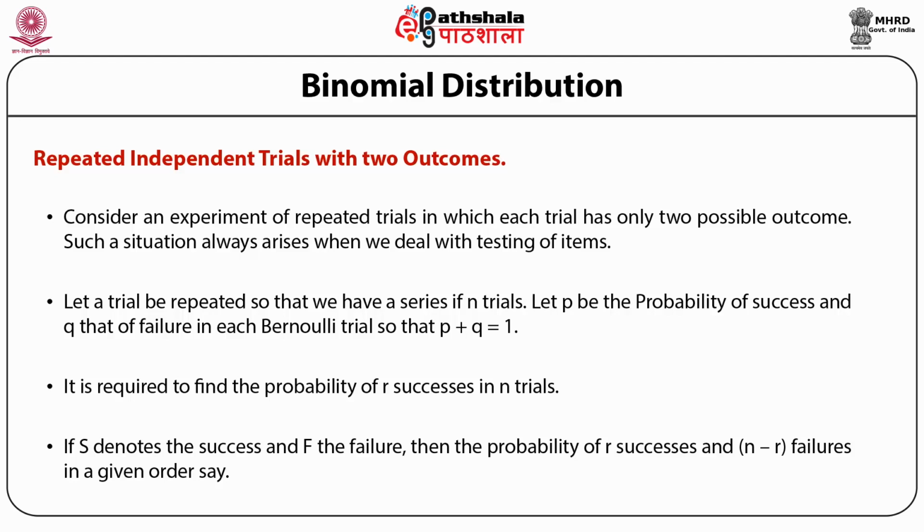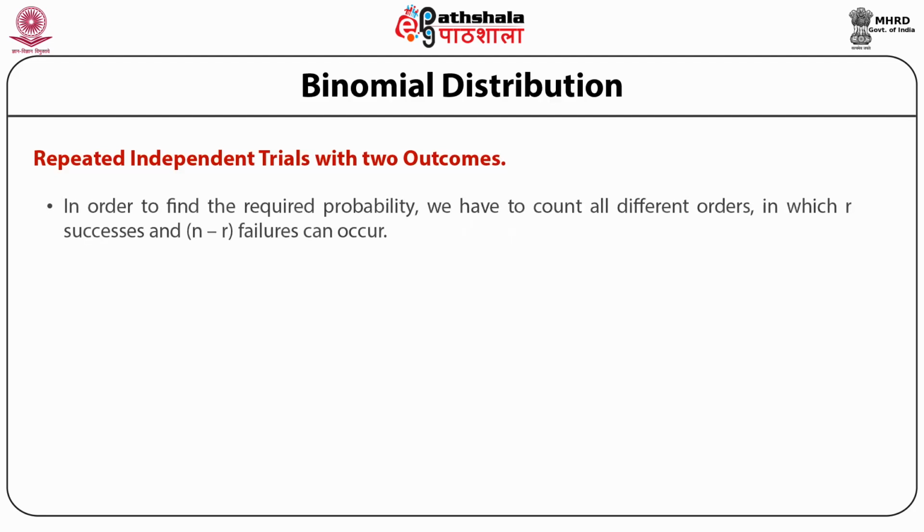Let this be p raised to power r, because r successes, so p into p, r times, p raised to power r, and n minus r failures means q raised to power n minus r. In order to find the required probability, we have to count all different orders in which r successes and n minus r failures can occur.